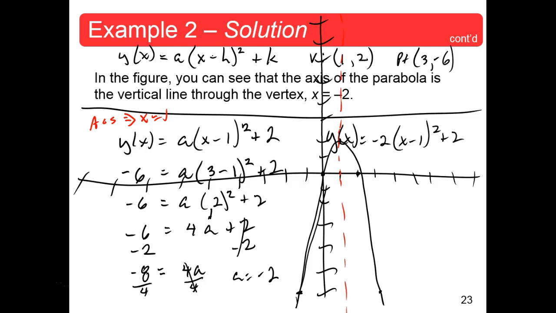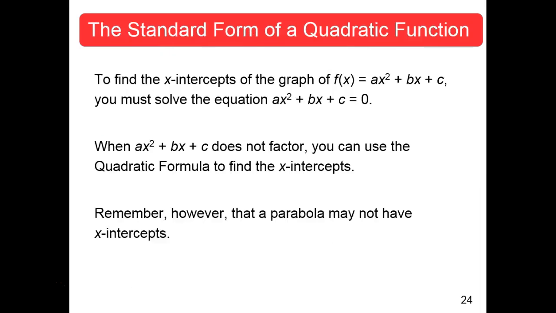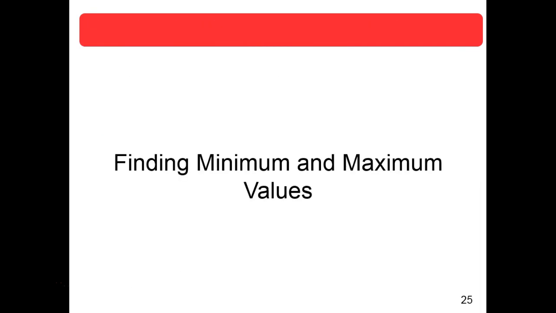Good deal. All right, now we're ready for finding minimum and maximum values. Now, if we're talking about a quadratic equation, maximum exponent is 2, how does that always graph? Parabola. And guess what? You know what the maximum and minimum value will be?